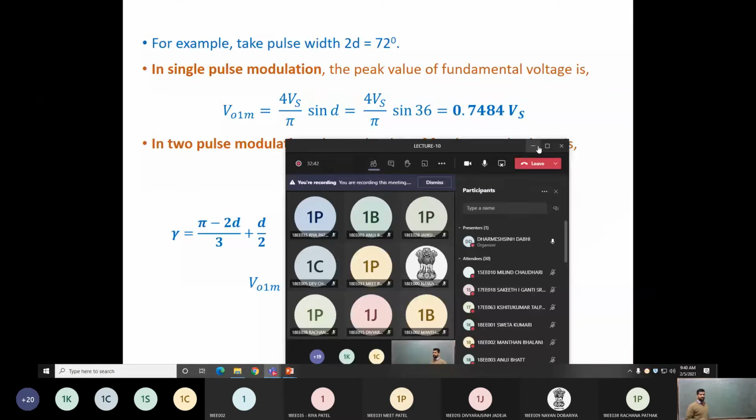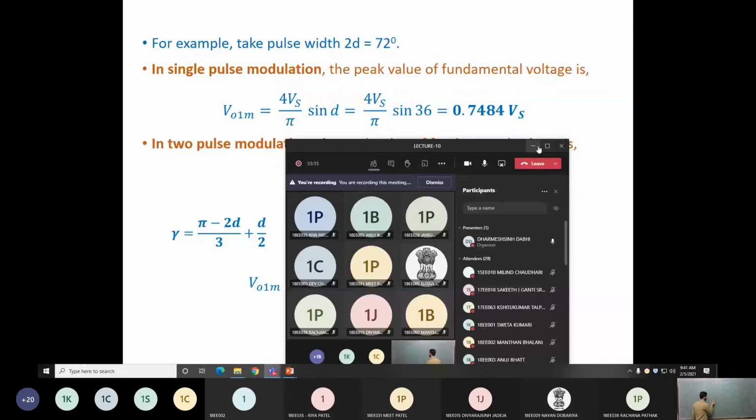Which components do we use in the filter circuit? R and C, L and C. It means we use inductor and capacitor to remove the harmonic, like in a passive filter. Yes or no? Yes, sir. L and C are the basic filter components, inductor and capacitor.